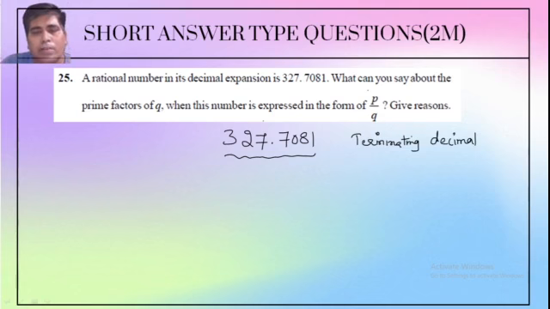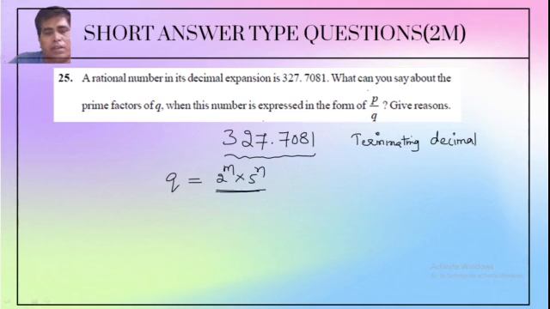Why is it a terminating decimal? In the number we don't have any bar symbol, so it is a terminating decimal. When it is a terminating decimal, definitely q, the denominator, we can express in the form of 2 power m into 5 power n.